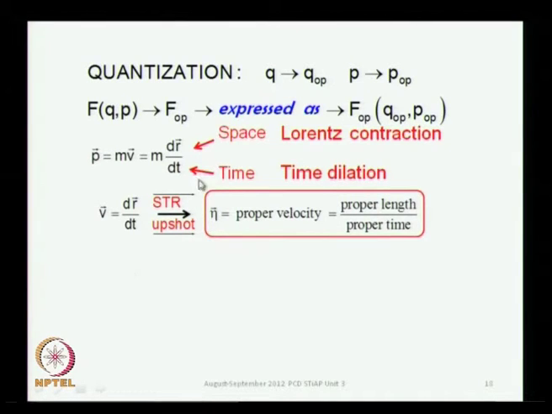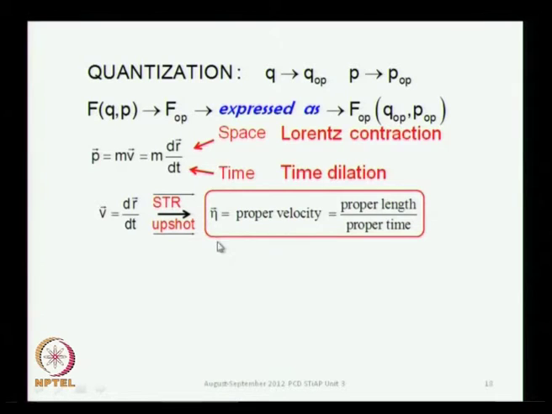So, in the special theory of relativity, what you do is construct a ratio of space to time, but you do not take the space and the time in the same frame of reference. You take what is called proper length and proper time, and these two are different, right, and you have met these quantities in your earlier course on the special theory of relativity. So, I will not define them, I will not spend too much time discussing it.